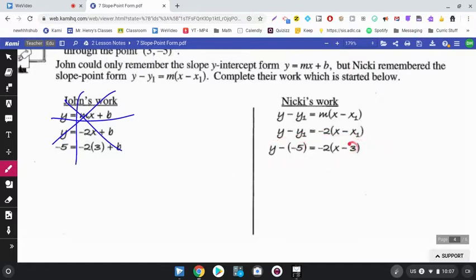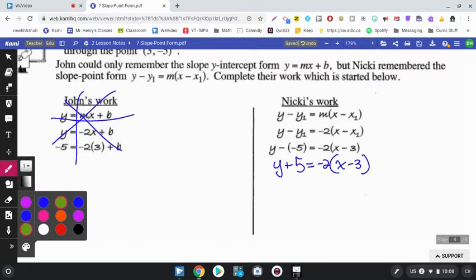Here's my y value, here's my x value, here's my slope. Continuing her work, y minus -5 would be y plus 5. Okay, and now I get to here. Now it says we actually wanted this to be slope y-intercept. So now we do the convert thing that we just did on the other page. Distribute in that -2.